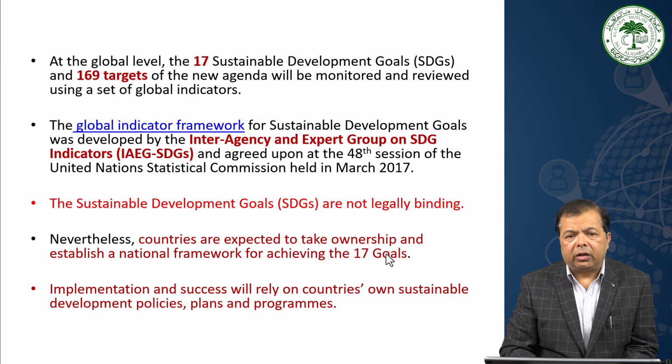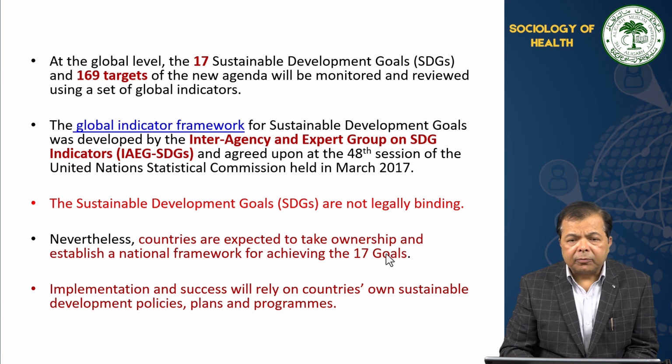This is very important. That is why I have highlighted this. It's legally not binding, but the United Nations and the various agencies recommend and suggest this, and it also says that the countries are expected to take ownership and establish a national framework for achieving these 17 goals, and implementation and success will rely on countries' own sustainable development policy, plan, and program.